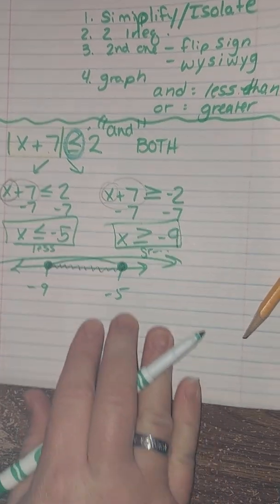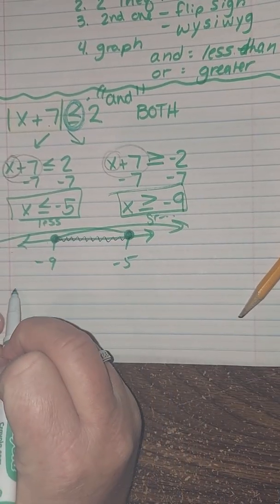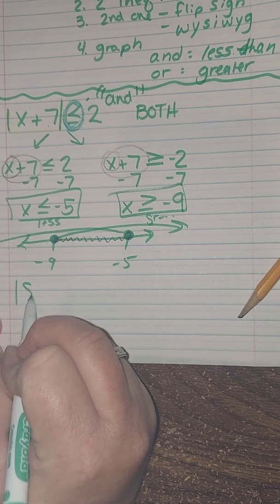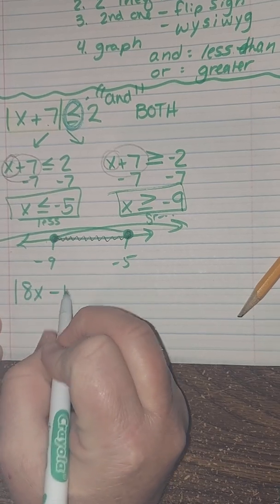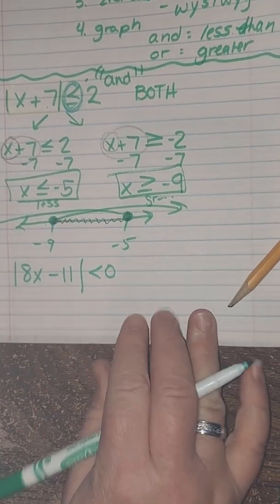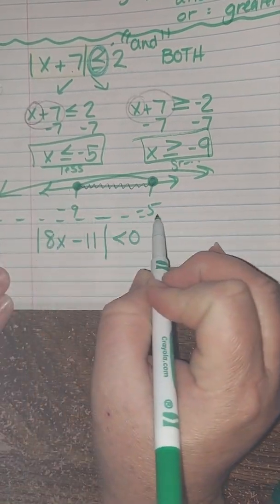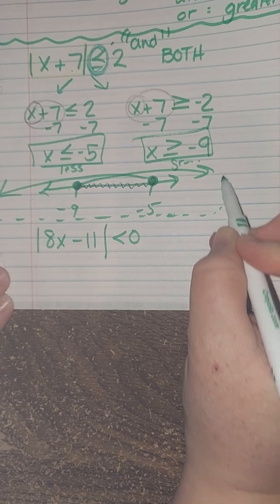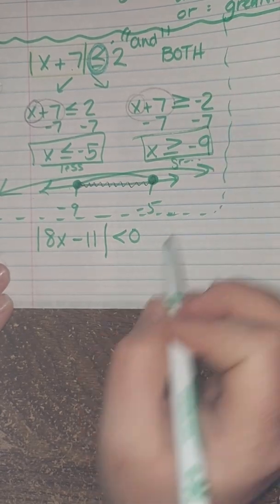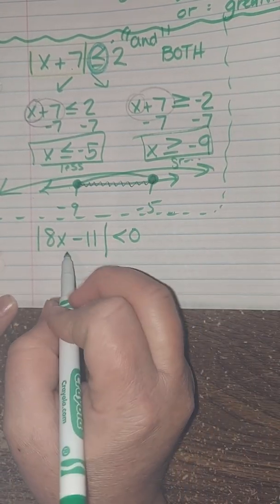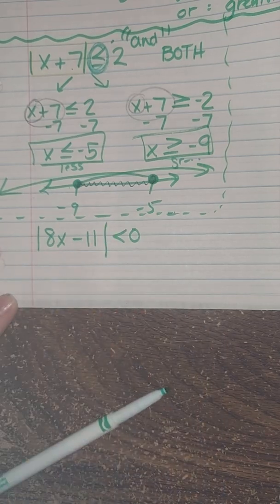All right? You try one on your own. 8x minus 11 is less than 0. Okay, am I isolated?